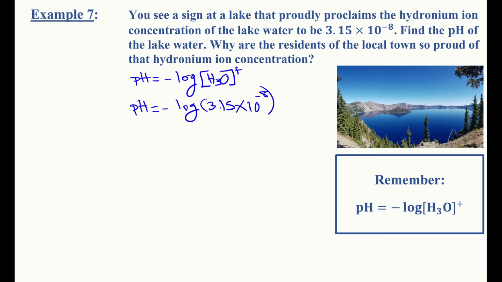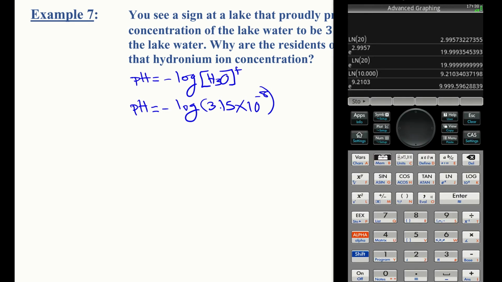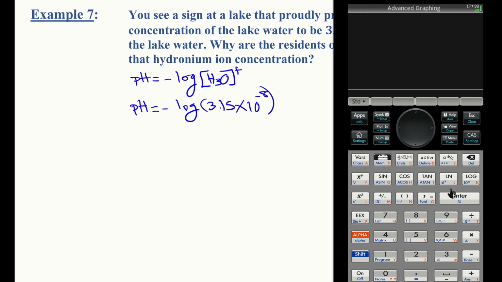Now we go ahead and utilize a calculator to compute that. So let's clean this up a little bit. All right, so we have negative log, don't forget the negative, and then 3.15. If your calculator has one of these engineering buttons or scientific notation buttons, you can use it.